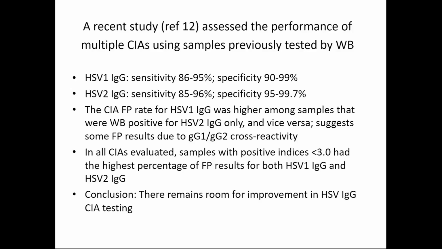And in all CIAs that were evaluated, samples with positive indexes between 1.1 and 3.0 had the highest percentage of false positives, both for HSV-1 IgG, which is new information, as well as HSV-2 IgG. So the conclusion of these investigators was that there remains room for improvement of HSV IgG CIA testing.